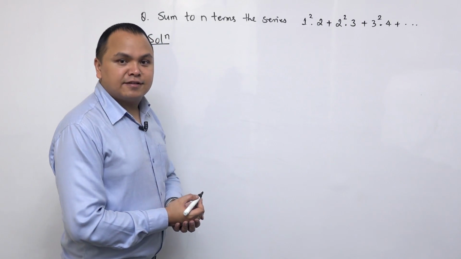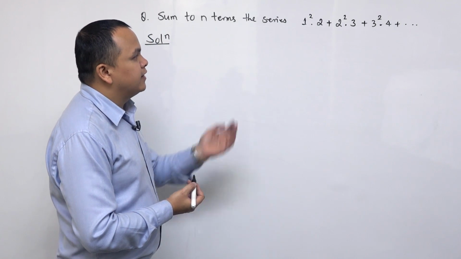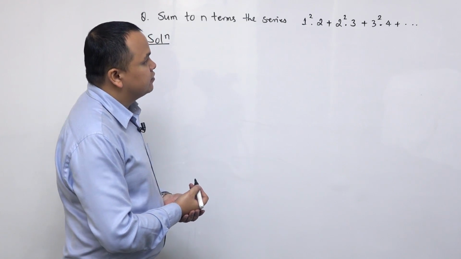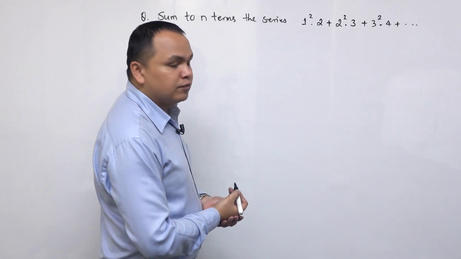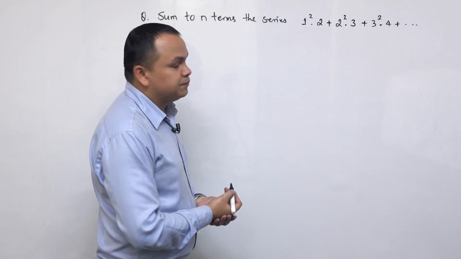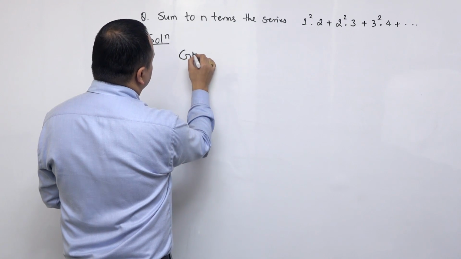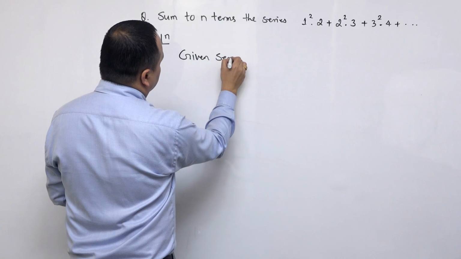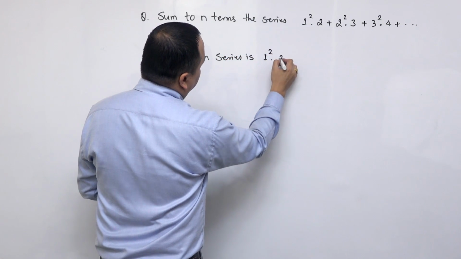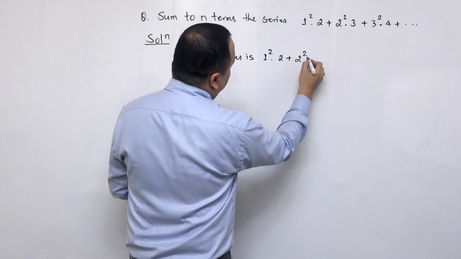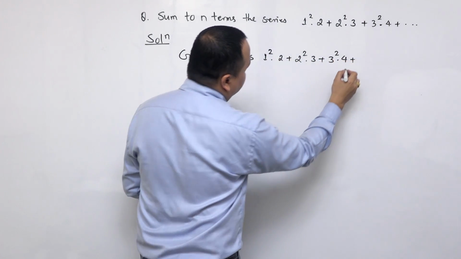We take another example. Sum to n terms the series 1 square into 2 plus 2 square into 3 plus 3 square into 4 plus dot. Its solution here. The given series is 1 square into 2 plus 2 square into 3 plus 3 square into 4 plus dot.